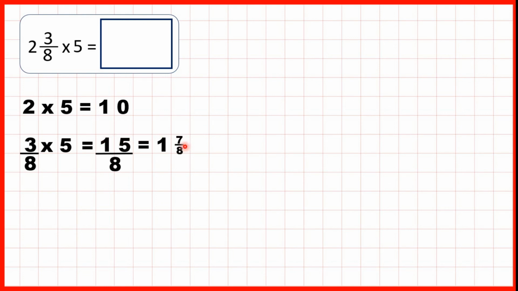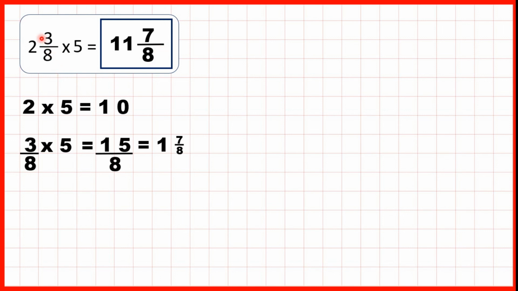Now the denominator stays the same, so 15/8 as a mixed number is 1 7/8. So we multiplied 2 by 5 to get 10, we multiplied 3/8 by 5 to get 1 7/8. So now we can just add up our answers. So 10 plus 1 7/8 is 11 7/8.